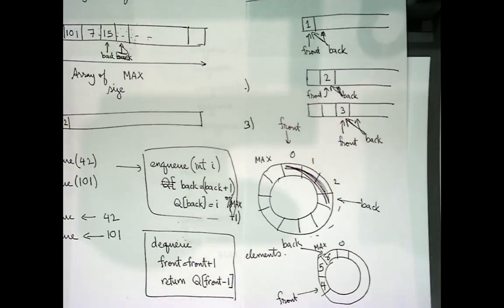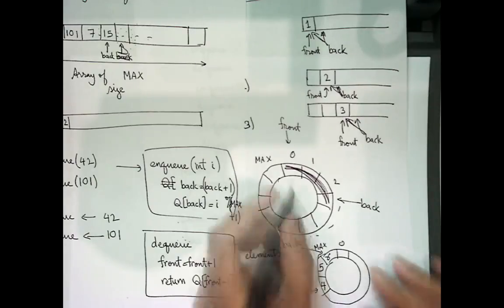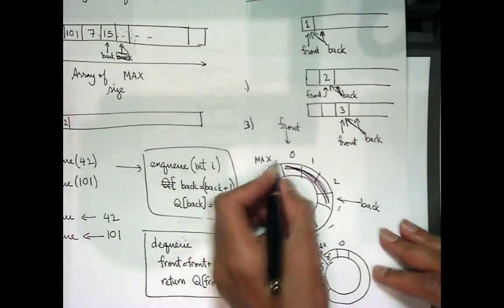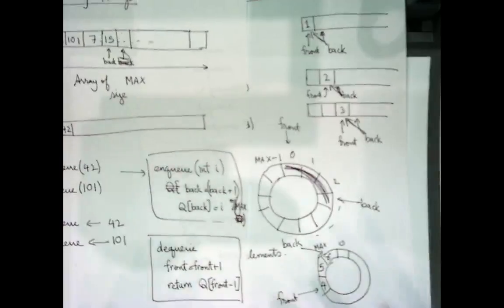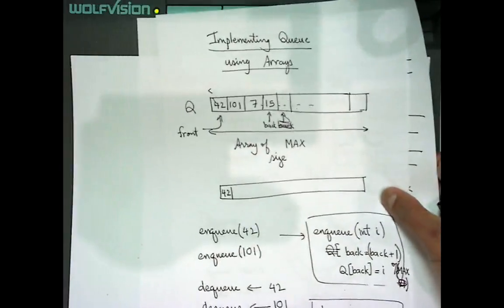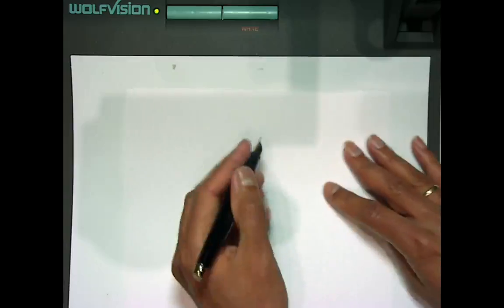All right, so let me work out an example of this. And yes, as people have pointed out, I've messed up my indices, and it should actually be max minus 1 and max if the array has size max. So let's just do this again.